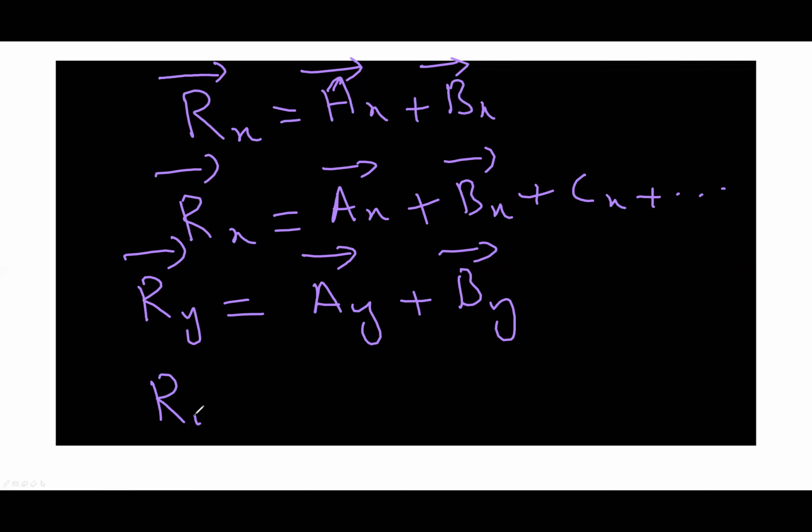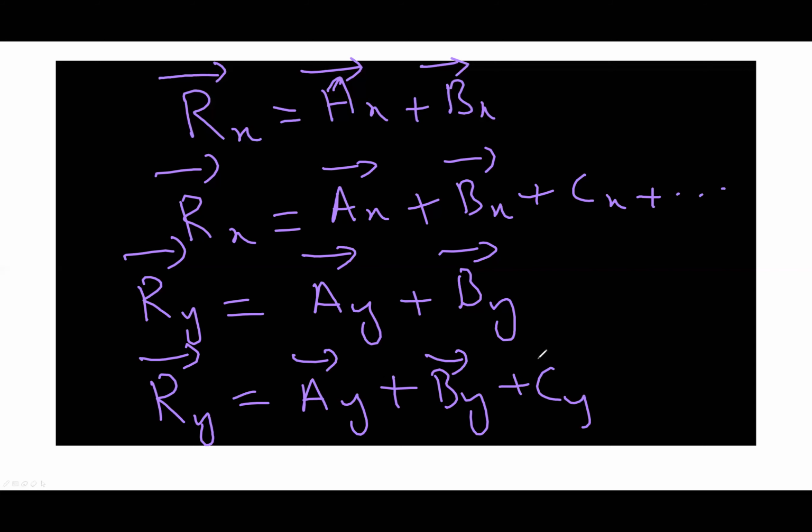So Ry is equal to Ay plus By plus Cy plus dot dot dot. We will write for n vectors.